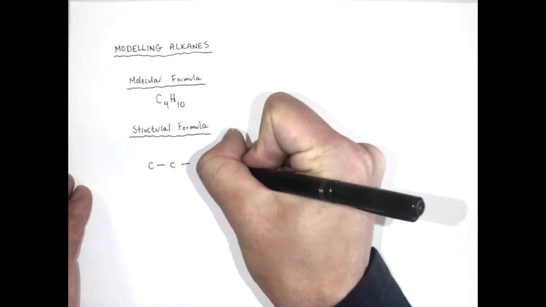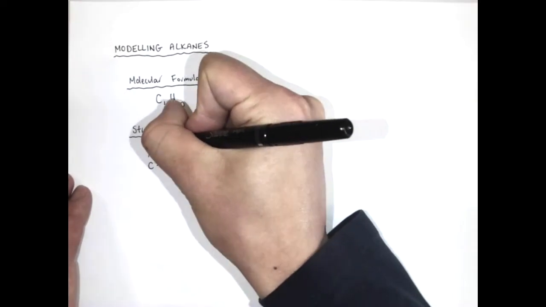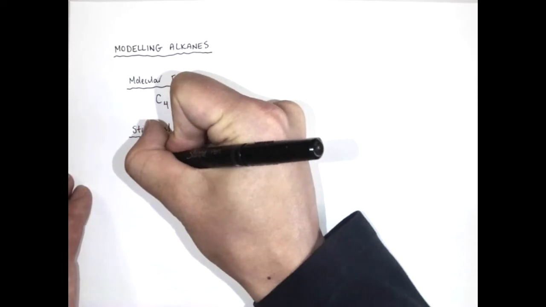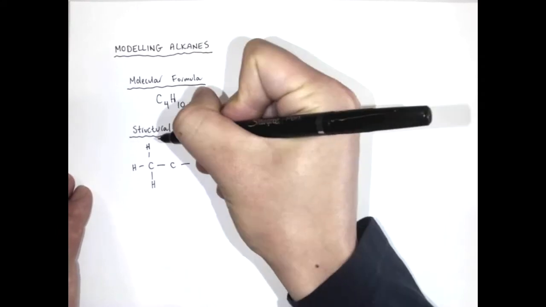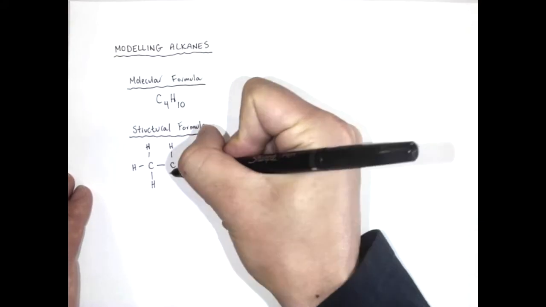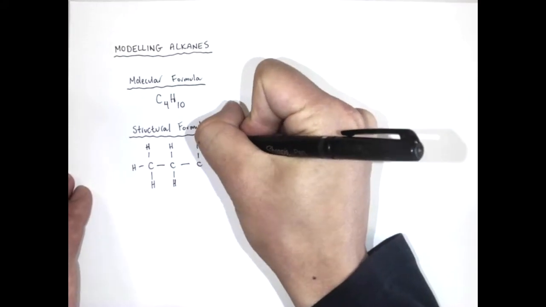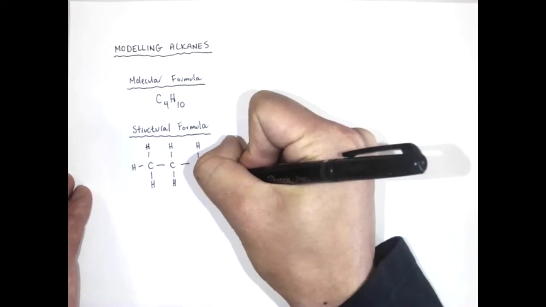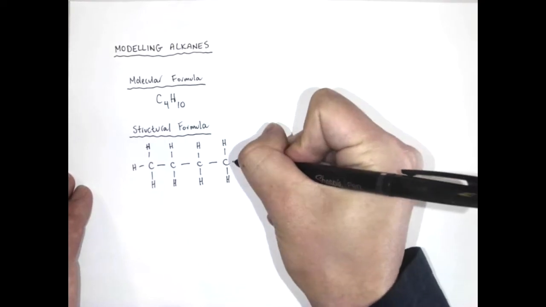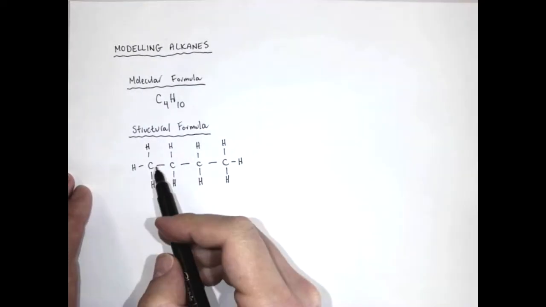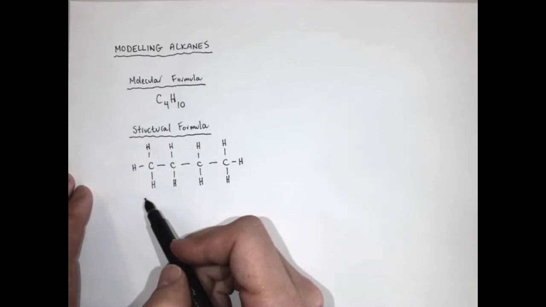Butane has a carbon backbone of 4 carbons, and each carbon can make 4 bonds. Hydrogen can make 1 bond. So in a molecule of butane, the 2 carbons on the ends, the terminal carbons, make 1 bond to another carbon, and then they make 3 bonds to hydrogens.